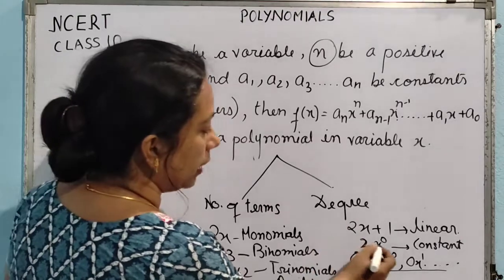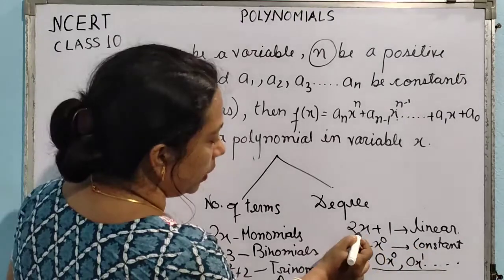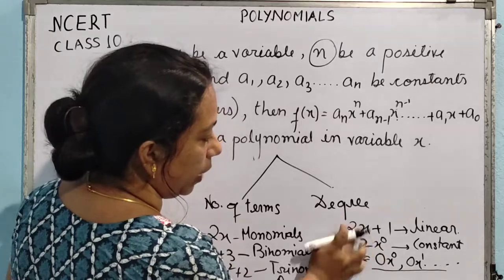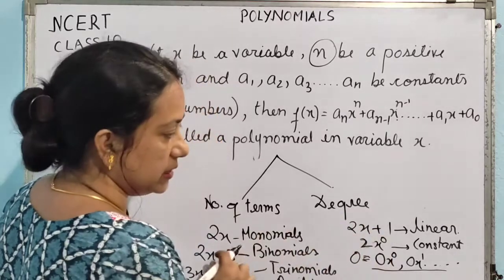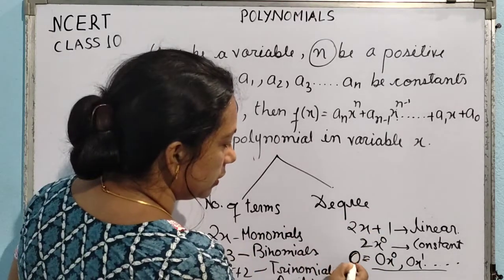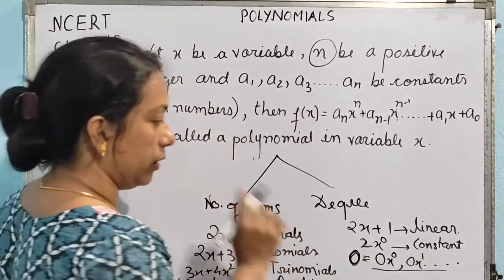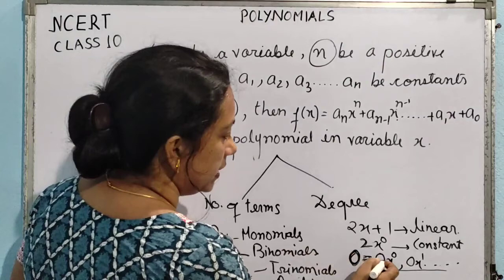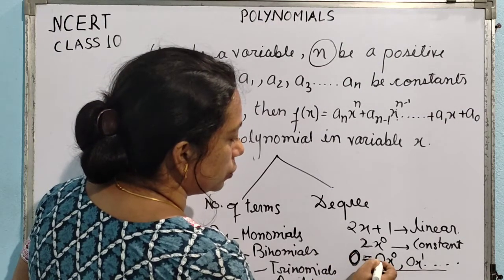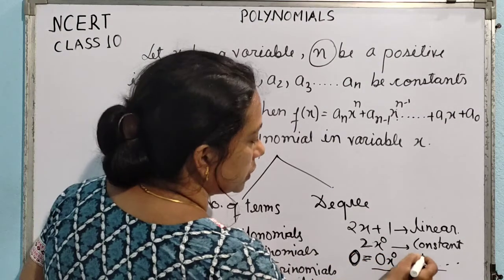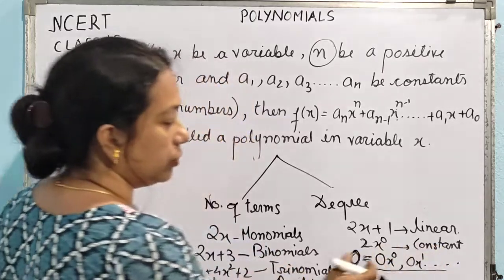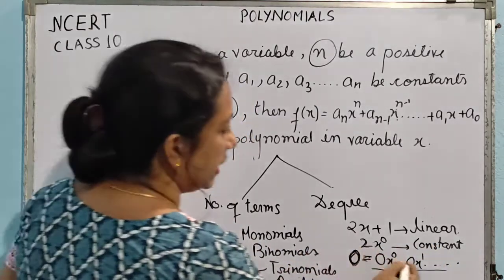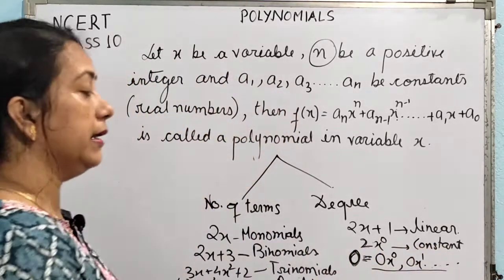Okay, now coming to the degree, see here, what is the degree of this polynomial? 1. What is the degree of this polynomial? 0. But in the case of the specific constant polynomial, the 0 polynomial, you can consider 0 to be 0 into x to the power of 0, 0 into x to the power of 1, because ultimately all are going to give you 0 only. So in this case, what can you say about the degree?